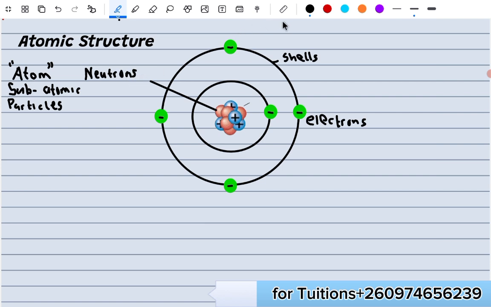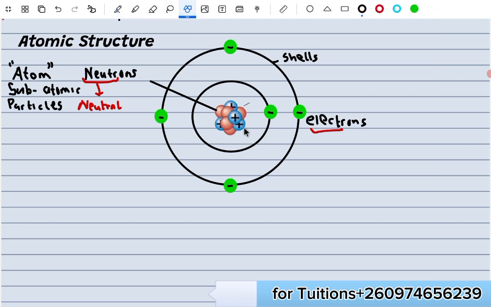To keep it simple and raise your curiosity, they're called neutrons because we're going to talk about something neutral. Neutrons from the word neutral, electrons from the word electricity, something like that. You think of them like that. This is a very important thing. As you go into detail, you're going to learn a lot of things.